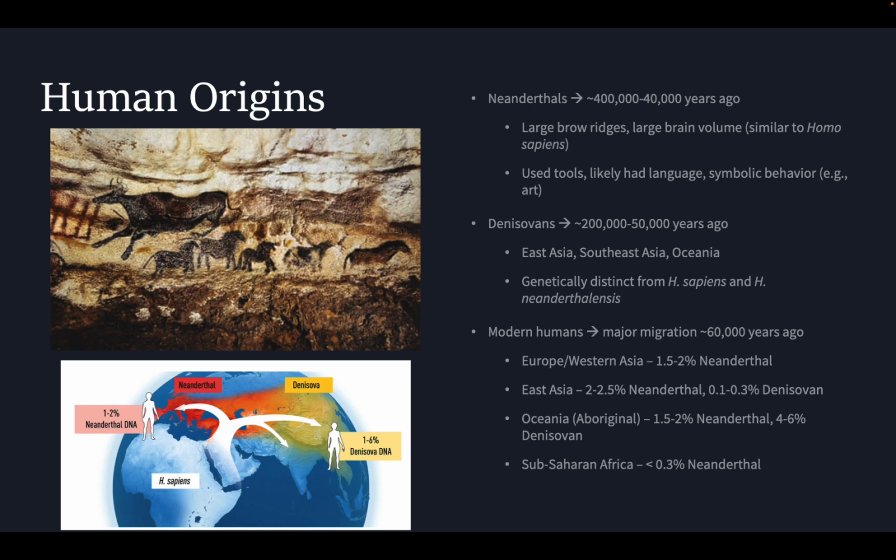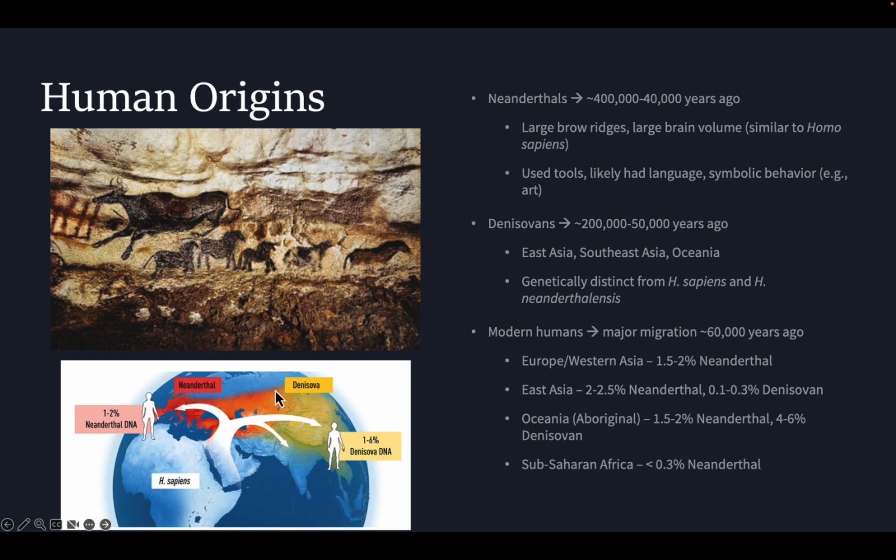When we sequence Homo sapiens genomes versus Neanderthal genomes, we can identify genes that are distinctly Neanderthal, alleles or mutations that are found in the genome of Homo sapiens of European and Western Asian descent. In East Asia, we see a similar, maybe even a little bit higher percentage of Neanderthal DNA.